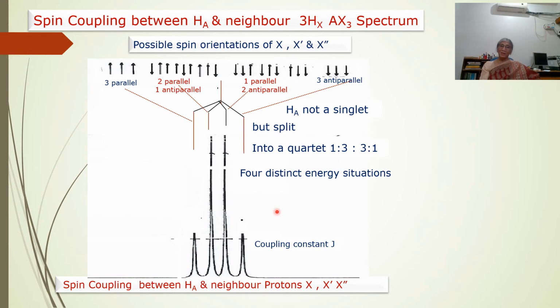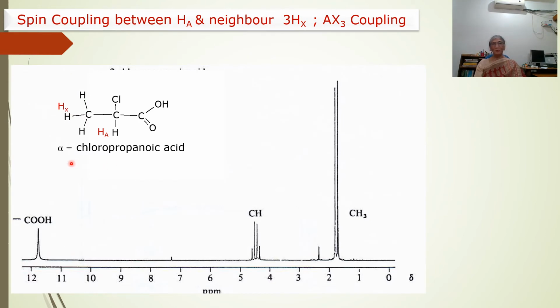That is the n+1 rule. It has three neighbor protons, so the signal will split into n = 3 plus 1, that is, four peaks, and the intensity will be 1:3:3:1.